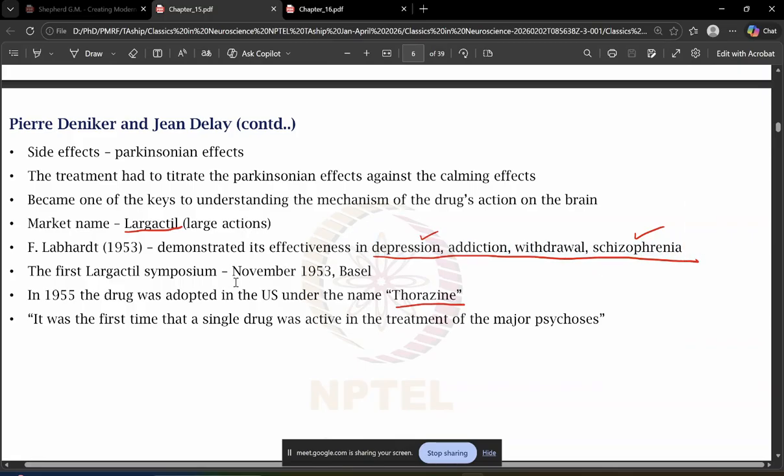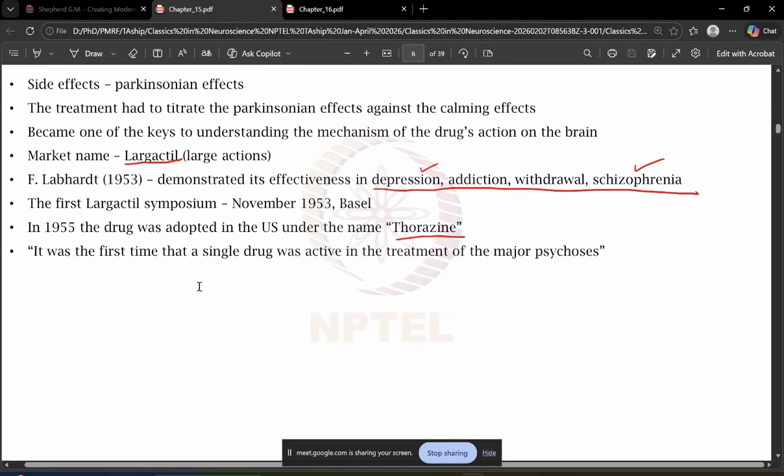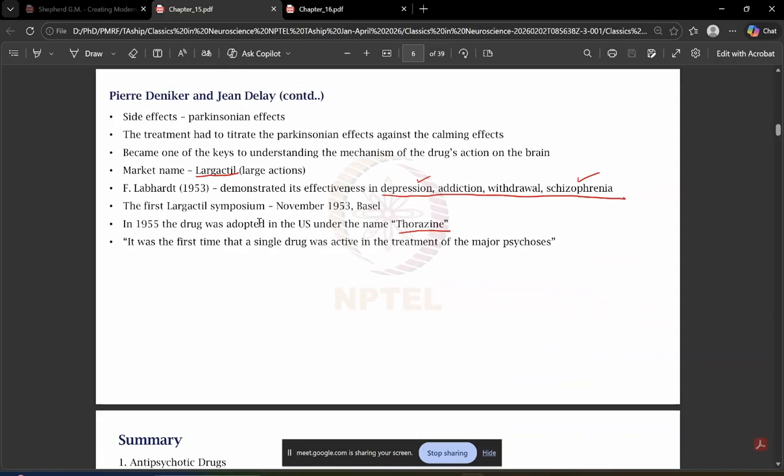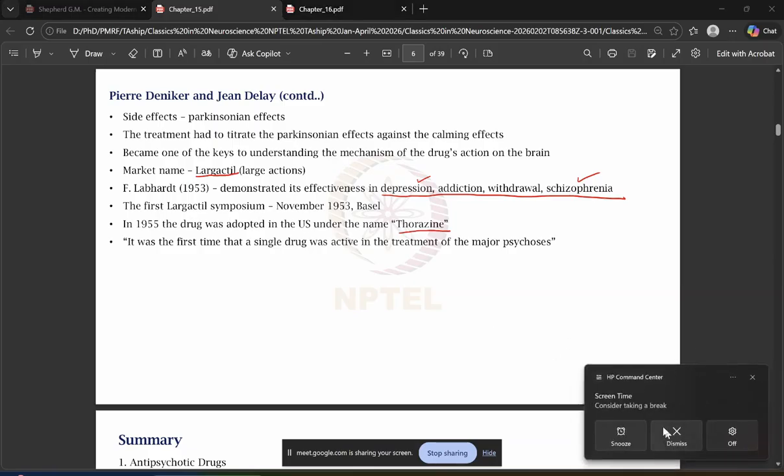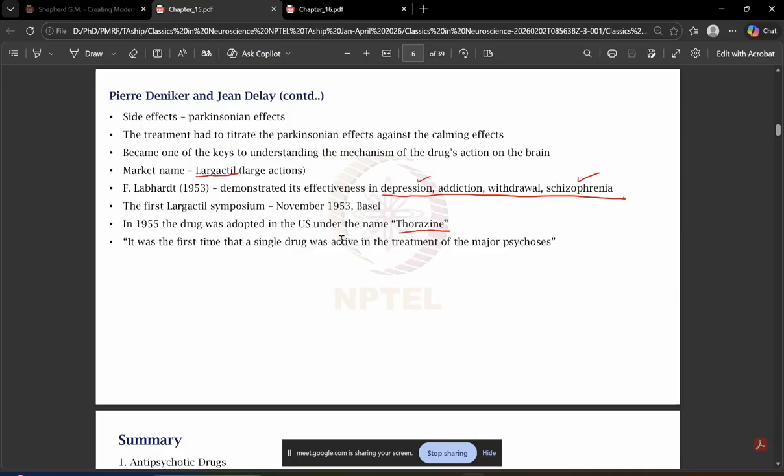And in one year, that is by November 1953, there was a whole symposium on Largactil. So the first Largactil symposium was conducted in November 1953 in Basel. And later, the drug was adopted in the United States by Kline. So Kline was one of the scientists who promoted its adoption in the United States, and it was adopted under the name Thorazine.